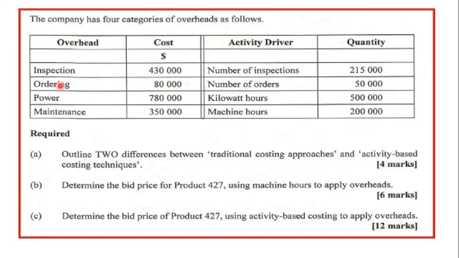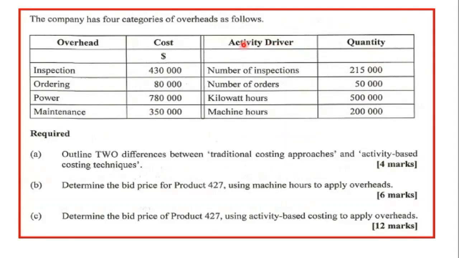So the inspection overhead is 430,000, ordering costs 80,000, power 780,000, and maintenance $350,000 respectively. So what you have here is these 4 cost pools totaling these amounts. When you add all of these together, you will get your total overhead costs.